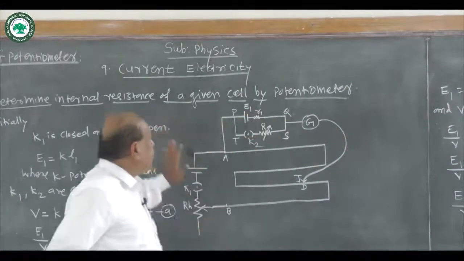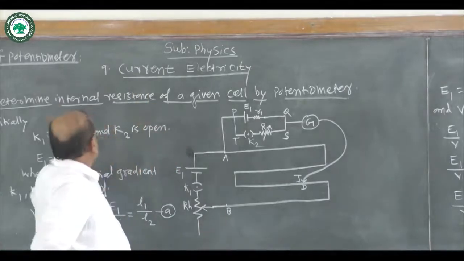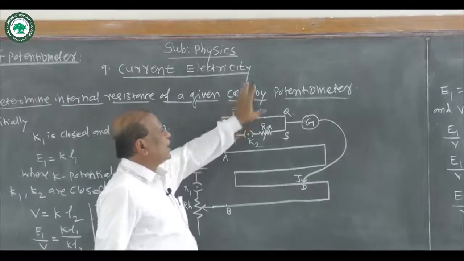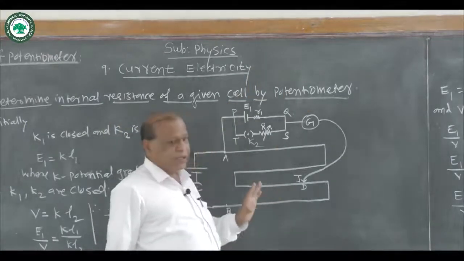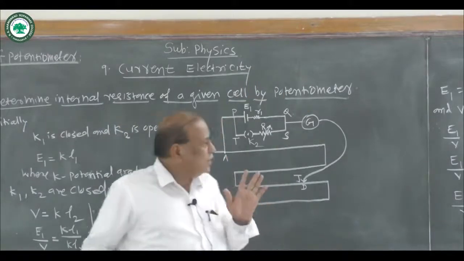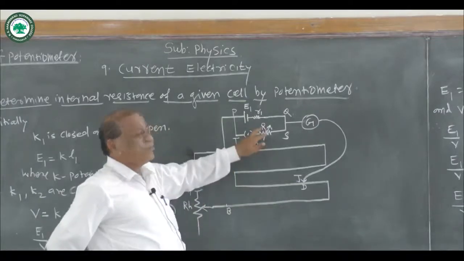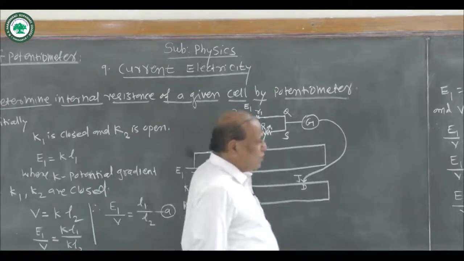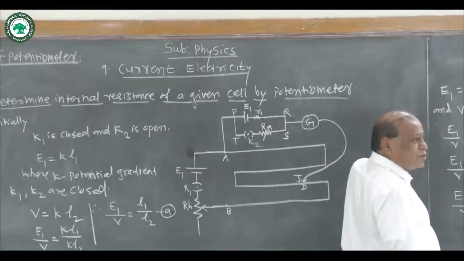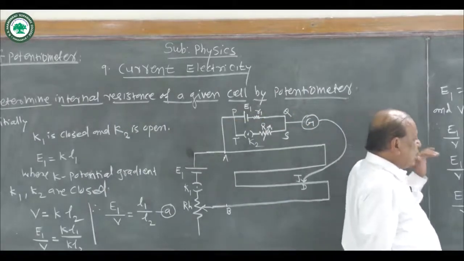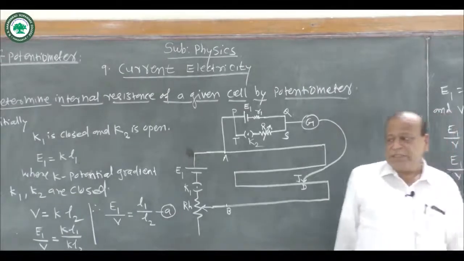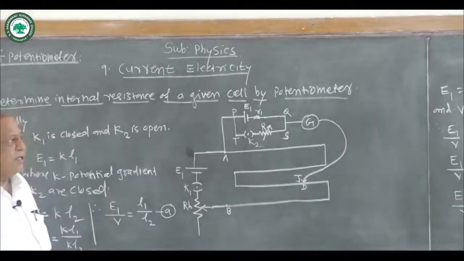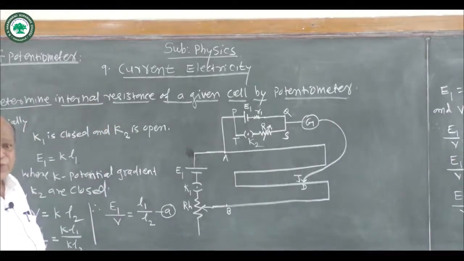In this way, using this potentiometer, we can determine the internal resistance of a given cell. Take at least 5 readings, changing the values of R, and find the mean value of r from these 5 readings.